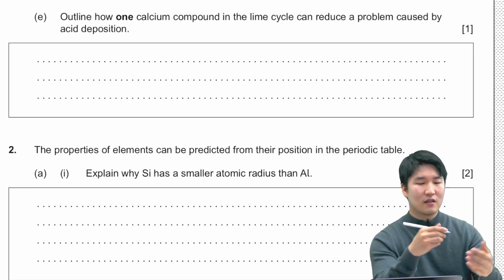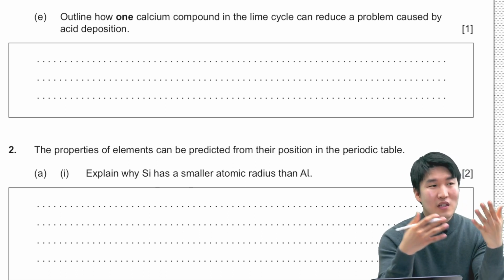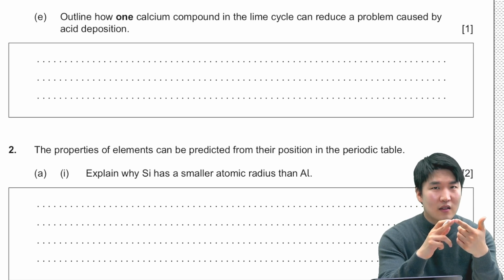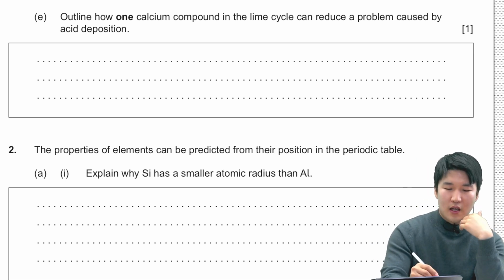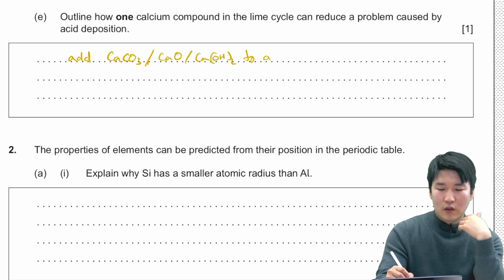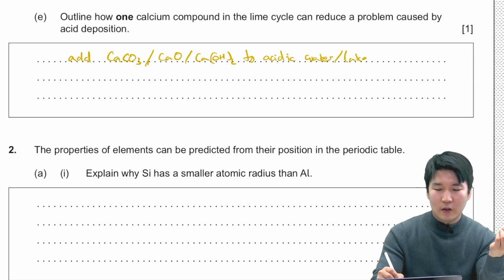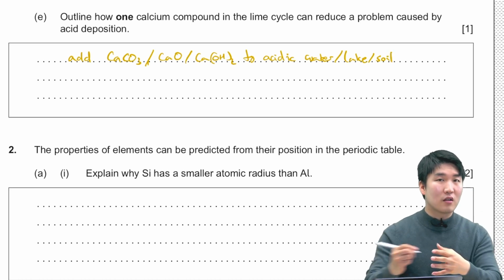So we're going to add any of these 3 or all of these 3 to acidic water, acidic lake, acidic soil. Add calcium carbonate or calcium oxide or calcium hydroxide to the environments that are experiencing the effects of acid deposition, acidic water, lake, soil, and etc.